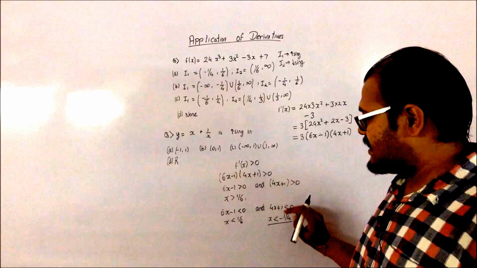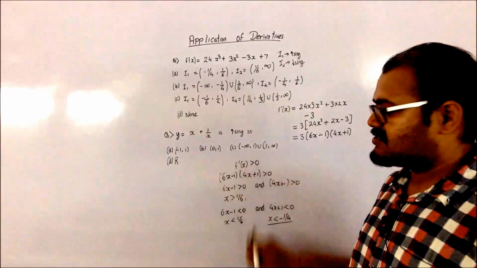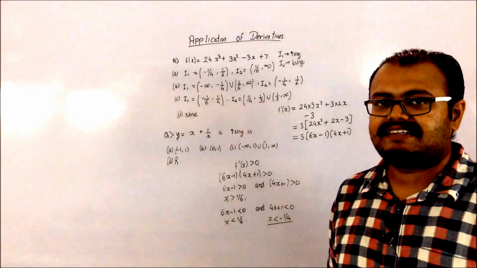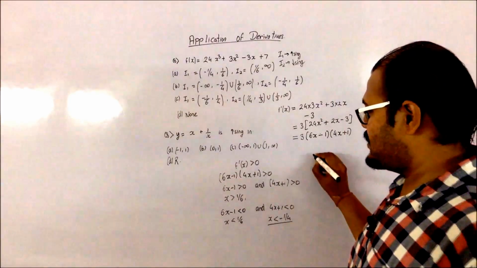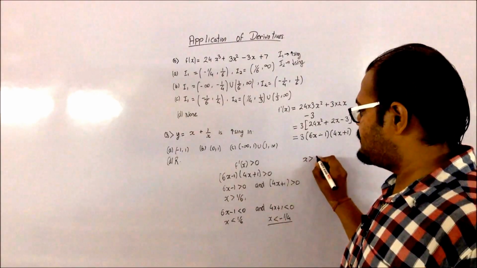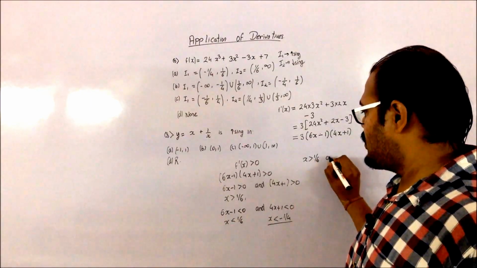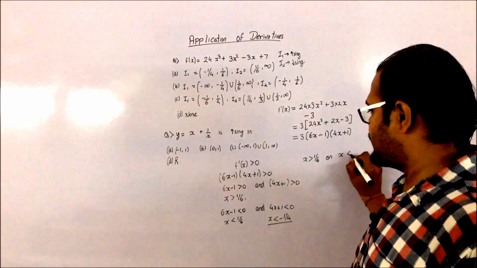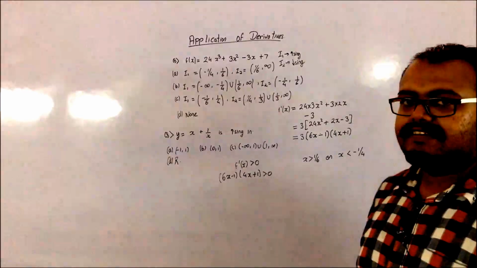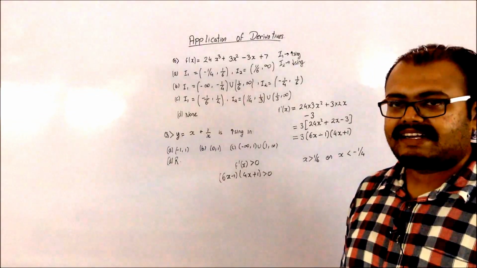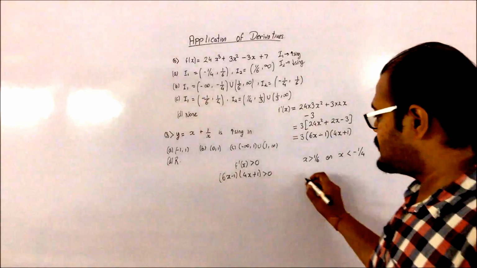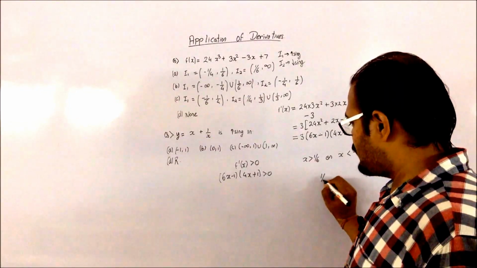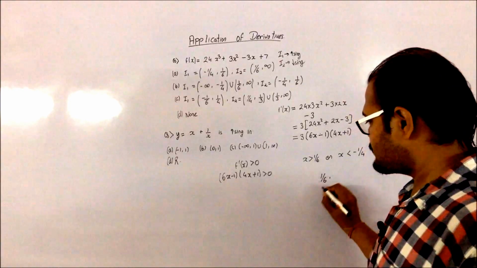So for f dash of x to be greater than 0, that is, for the function to be increasing, the condition required is that x should be greater than 1 by 6 or less than minus 1 by 4. If I want to represent it in the bracket system, because that is how the options have been given to me, it will be represented like this.